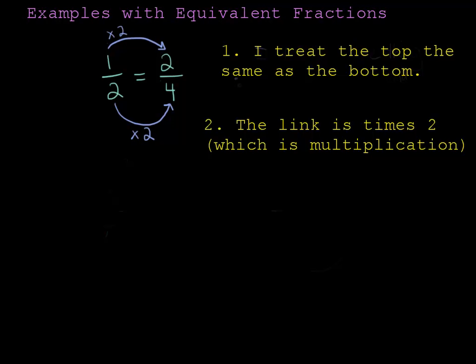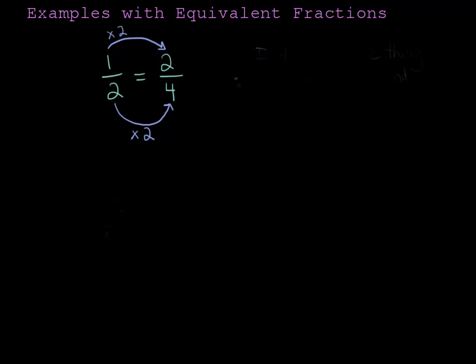Now let's do a problem where you have to create an equivalent fraction given a fraction. So let's do 3/4. 3/4 can be turned into another fraction, but we have to use the rules.